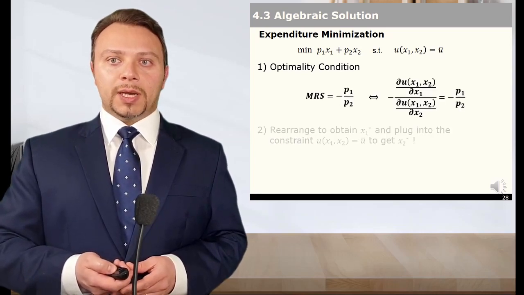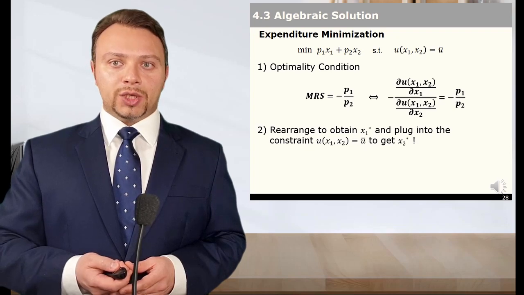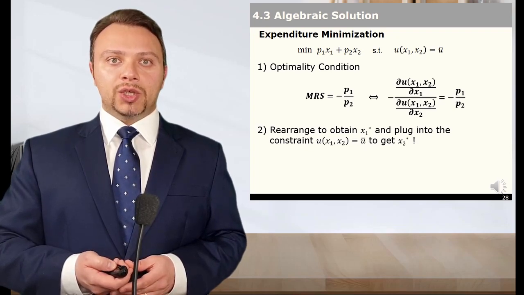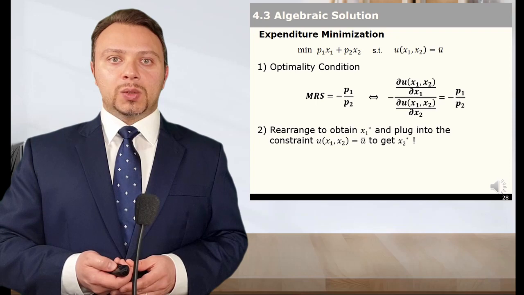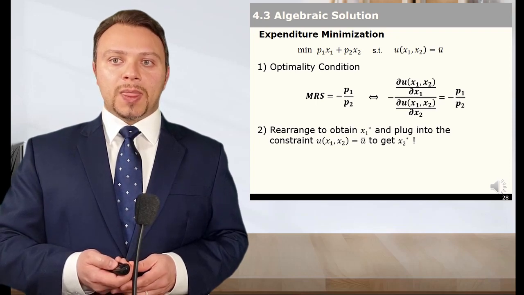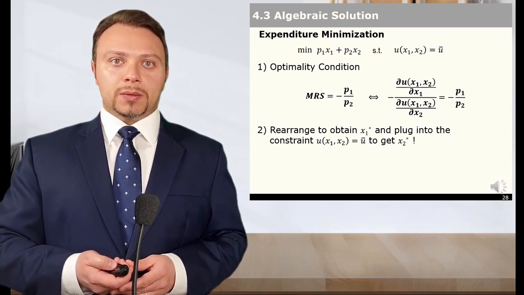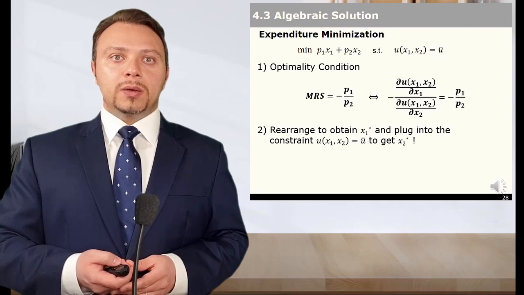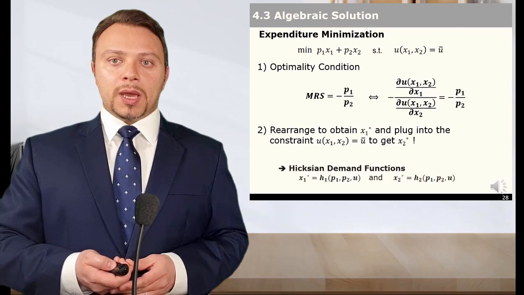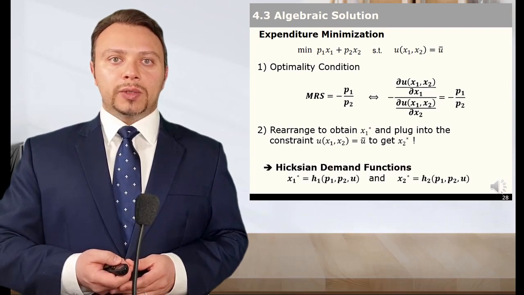Constructing it will result in an equation which we can rearrange such that we have x1 star on the one side and x2 star on the other side. Now we use this equation, plug it into our constraint, and the result will be the so-called Hicksian demand functions.